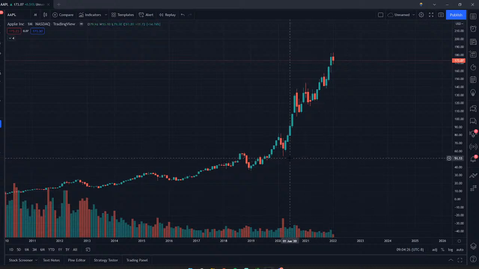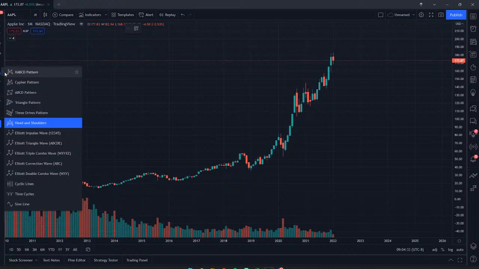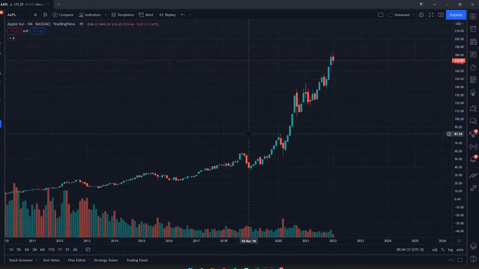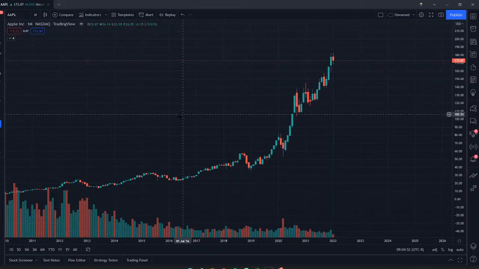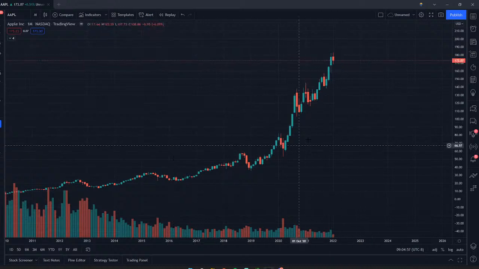Really not much to see here other than an uptrend. So you can see here, higher high, higher low, higher high, higher low, and so on. That's very basic concepts. Everybody should understand.